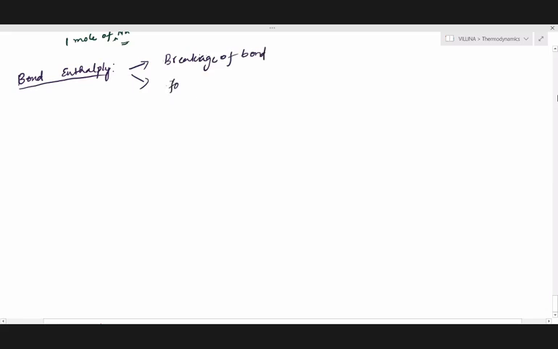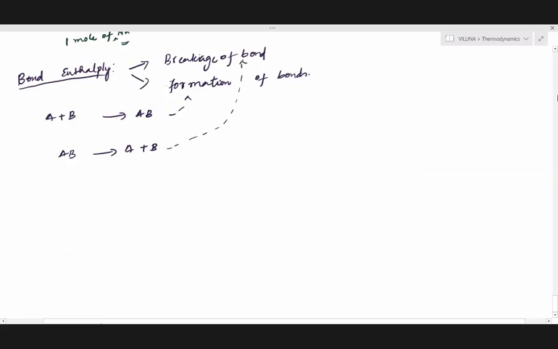In chemical reactions, if we have some reactants A and B converting into AB, a new bond is formed between A and B. That is formation of bonds. If the same AB is converted into A plus B, an already existing bond is broken down. That falls under breakage of bonds.